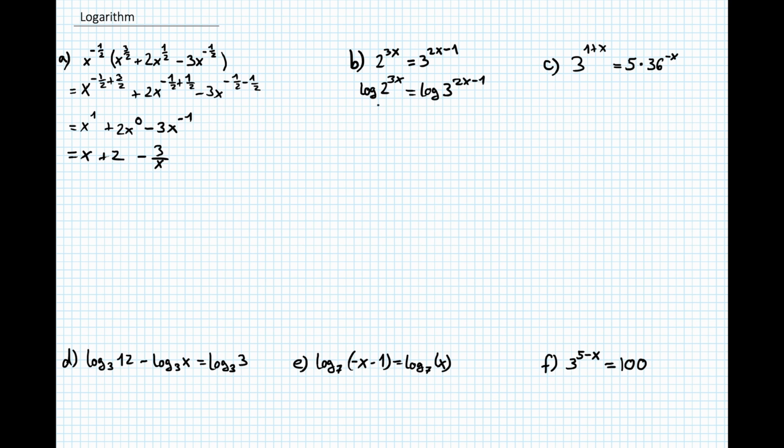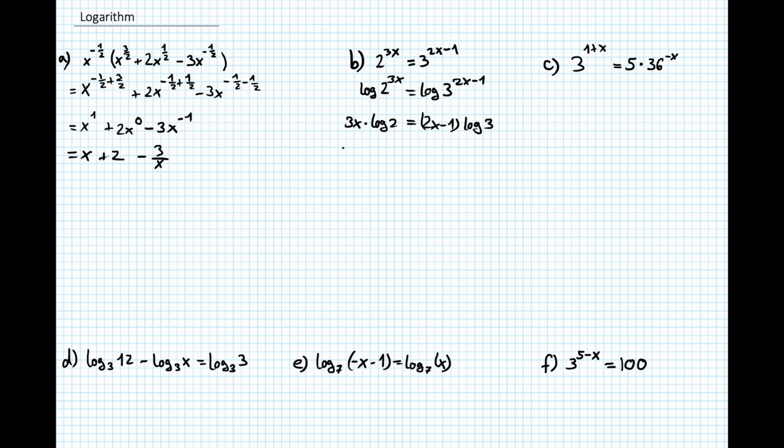Okay, and now we need our log laws. So if you have a power inside of the logarithm, you can just pull that to the front. So you will have 3x times log 2 is equal to 2x minus 1 times log 3.